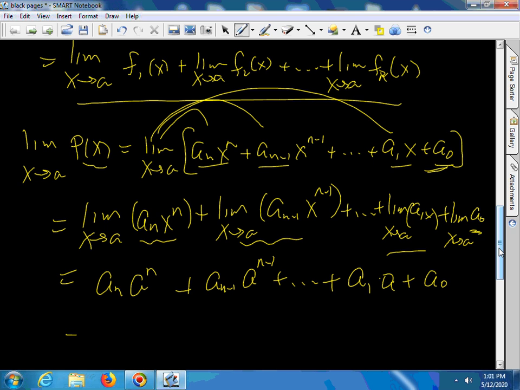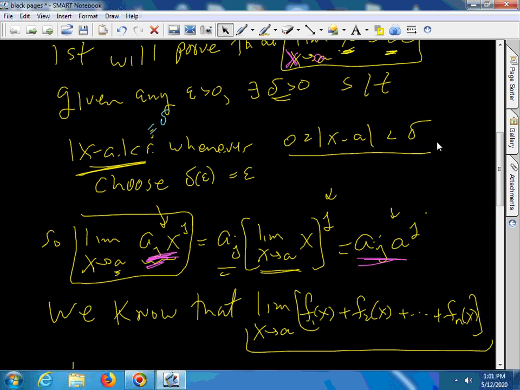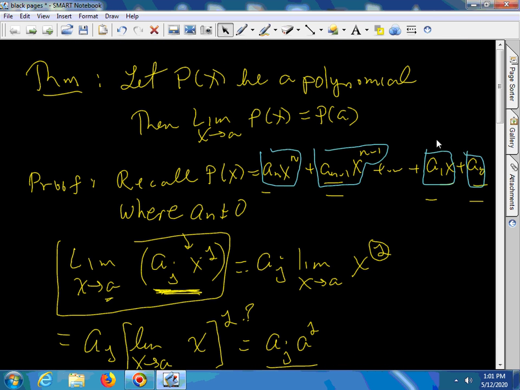But this last line is p of x evaluated at a. I just plugged in a for every x. That's exactly what evaluation means. So we just proved that the limit as x goes to a of a polynomial, and only a polynomial for now, is p of a. See you in the next proof.